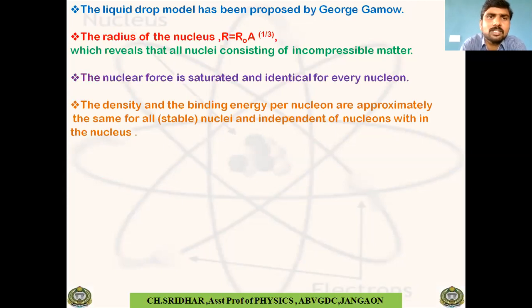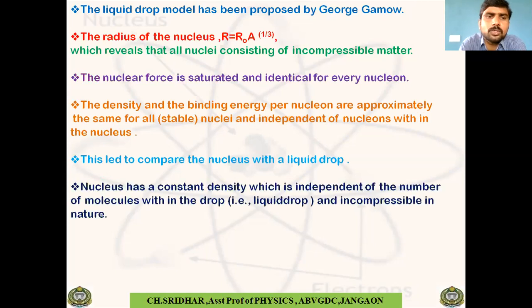So the observations are the radius of the nucleus, the nature of the nuclear force and the properties of the nuclear force, and this led to comparing the nucleus with a liquid drop. In a liquid drop, the nucleus has a constant density which is independent of the number of molecules within the drop, and incompressible in nature.